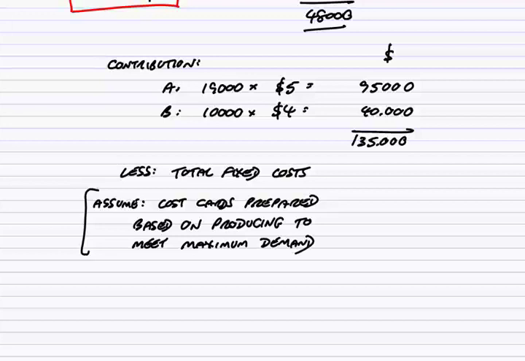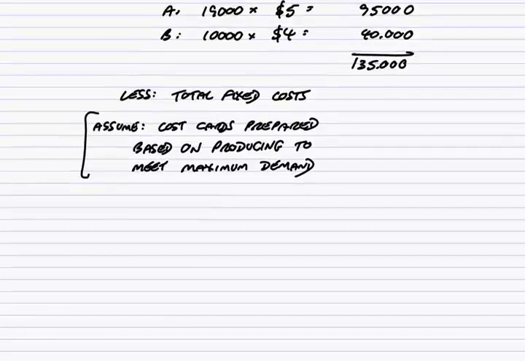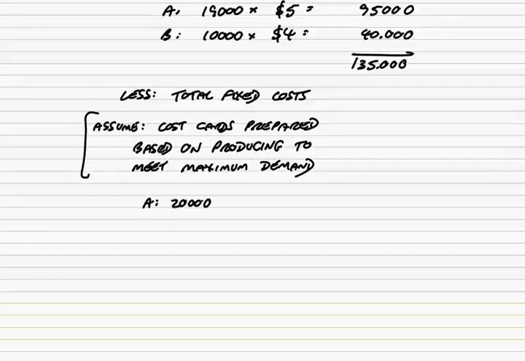Now do think about that and pause this recording if you need to. It's awful just to learn a rule without seeing the logic. But again, you see, if we didn't know these hours are limited, then how many would you have expected to produce? You'd have been expecting to produce 20,000 A's and 10,000 B's. And how would you absorb the overheads?